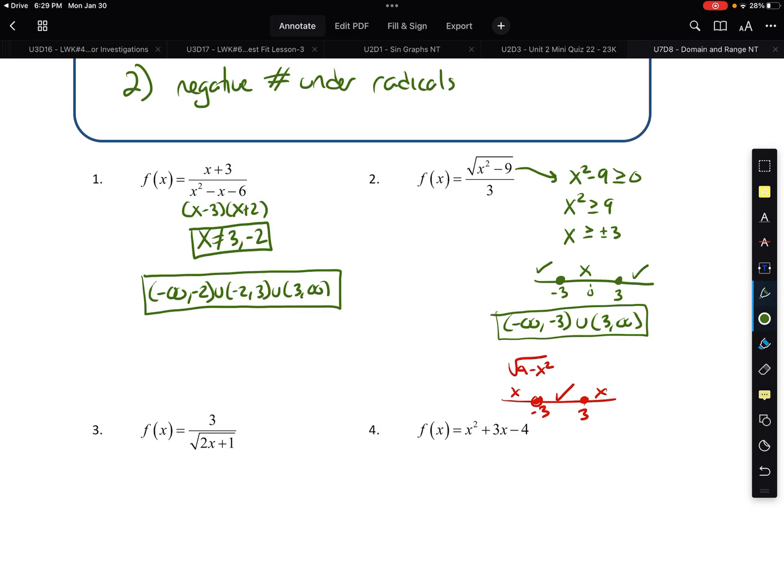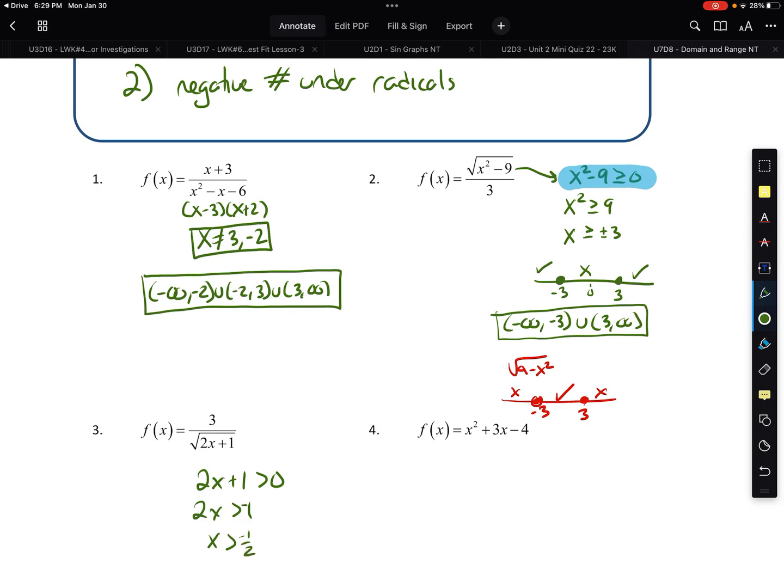All right, so down here, problem 3. Numerator, no issue. Denominator can't be equal to 0, and can't have a negative under the rad. So above, we said greater than or equal to. Down here, we can't set it equal to 0, so it's greater than 0. 2x is greater than 1, x is greater than negative 1/2.